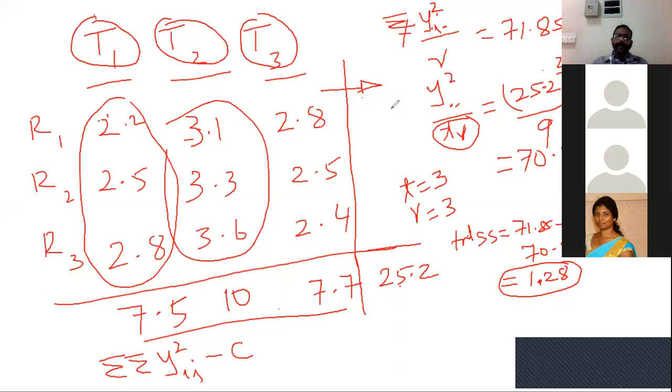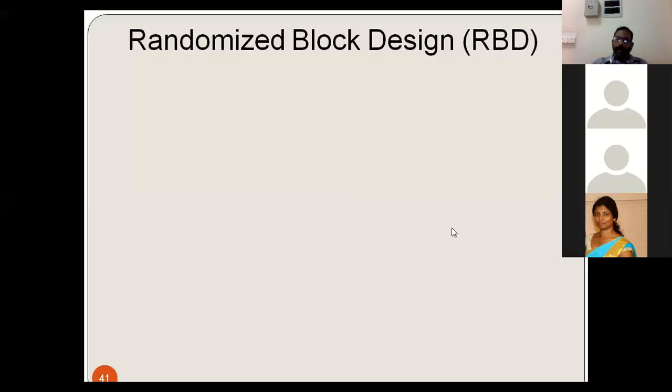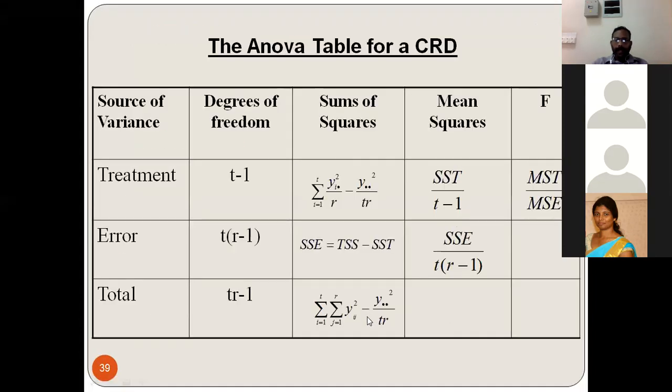If you look back, this is the formula that we are going to apply.